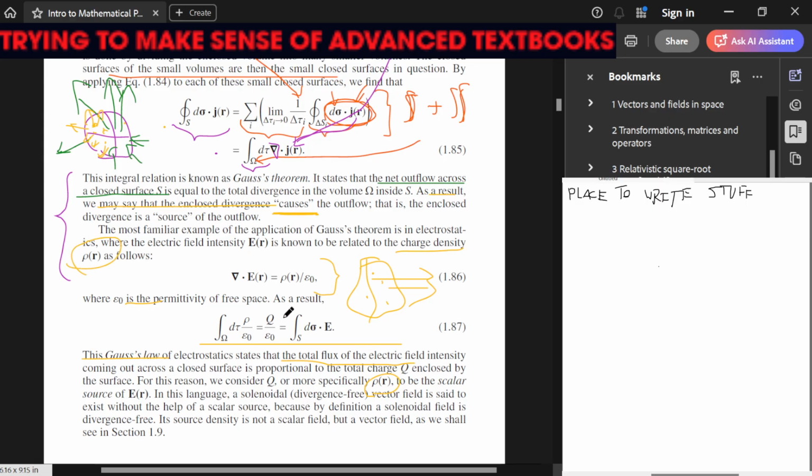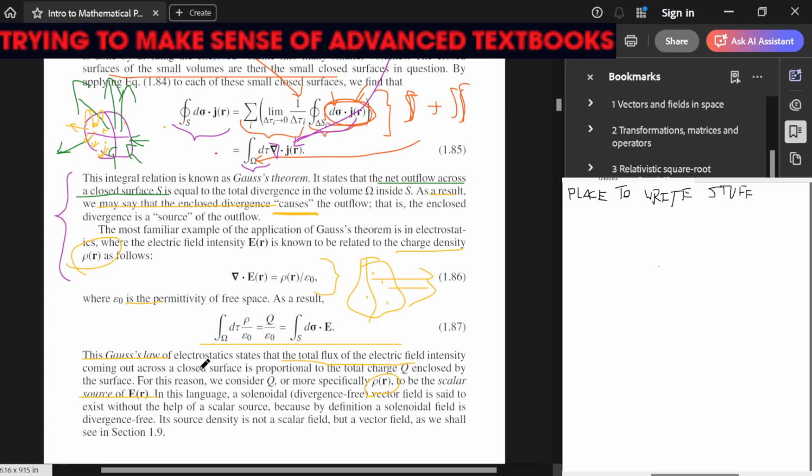So rho just means density. It can mean any kind of density, depending on the context. For this reason, we consider Q, or more specifically charge density, to be the scalar source of E.